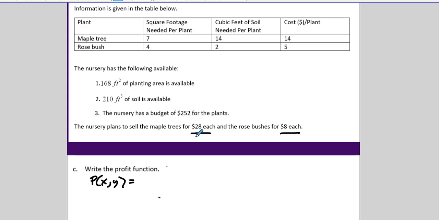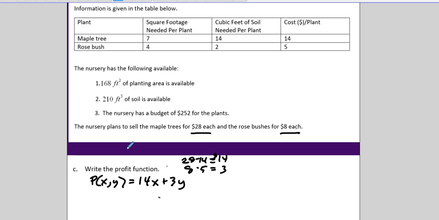It costs $14 per maple tree, so 28 minus 14 means the profit is $14 per maple tree. The rose bush you sell for $8, but it costs you 5, so 8 minus 5 is 3. So the profit function P of X, Y is 14X plus 3Y.